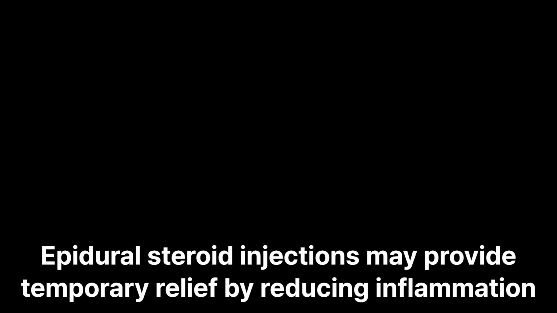Physical therapy focuses on strengthening the core muscles, improving flexibility, and promoting proper posture to support the spine and reduce pain. Epidural steroid injections may provide temporary relief by reducing inflammation around the affected nerve roots.